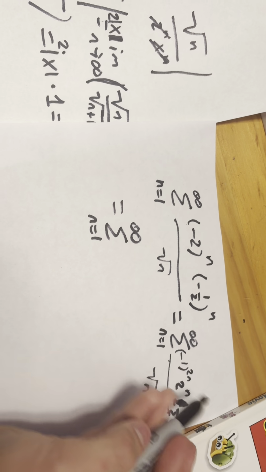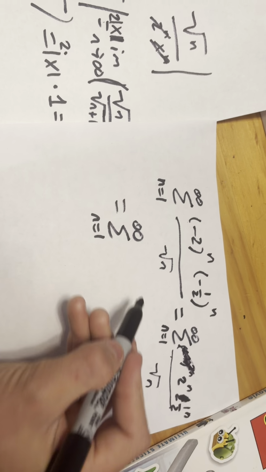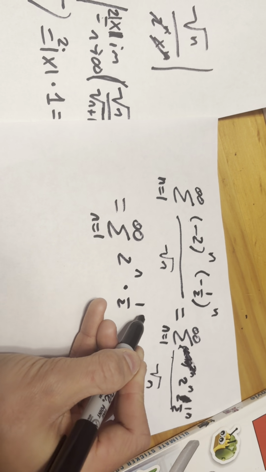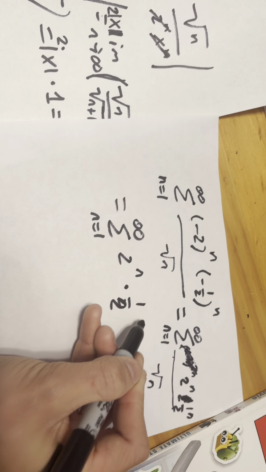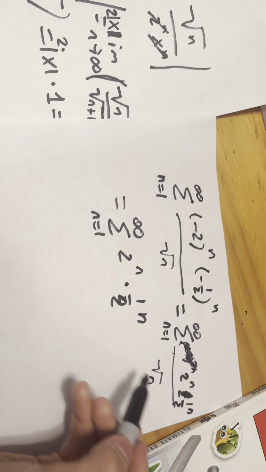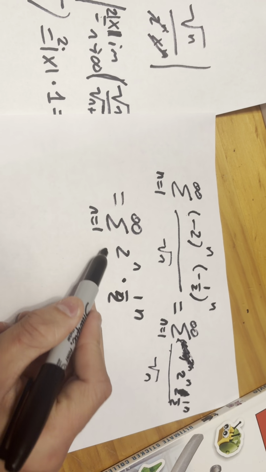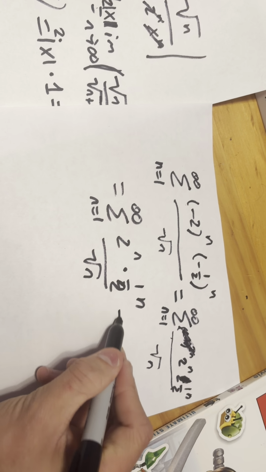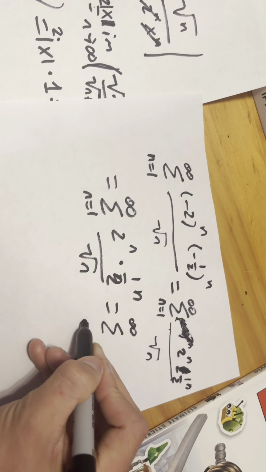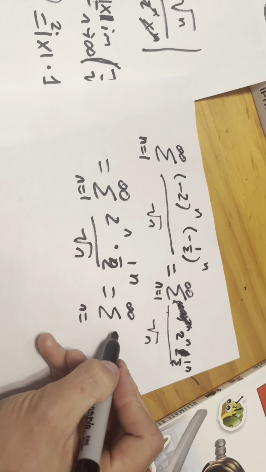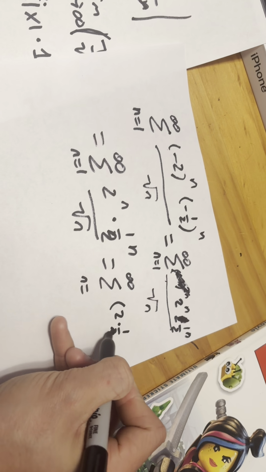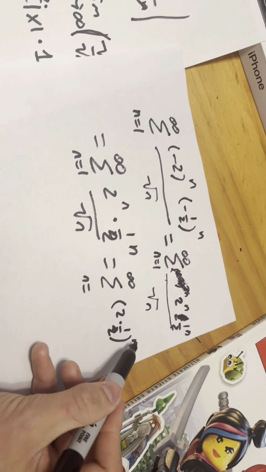So that just fades off into the distance, and we're left with 1/2 to the power n. Then we can combine the 2 and the 1/2 under the same little roof.